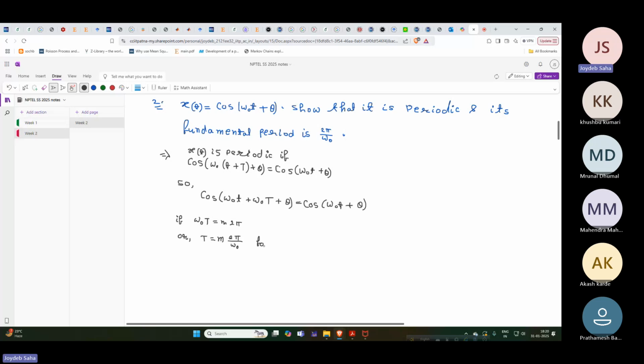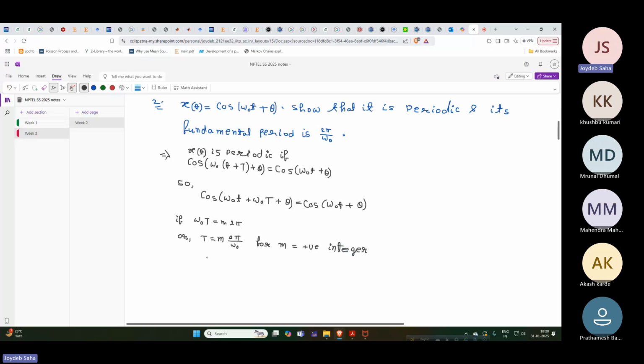For m a positive integer. So what will be the fundamental period?